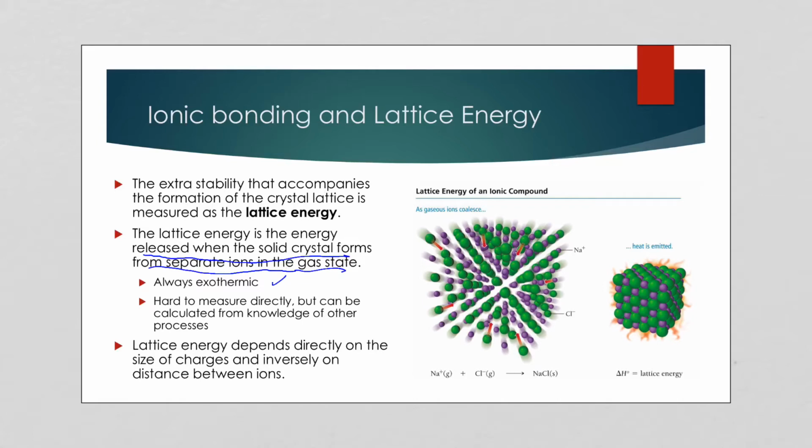So typically what we do is a Hess's law approach, where we look at all the processes that are involved in getting from the elements into the final crystal lattice, and then we solve for the lattice energy based on knowing everything else.